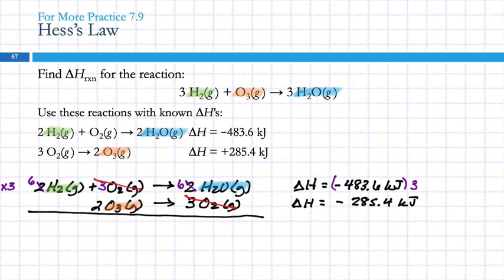So let's just add this up and then worry about the coefficients. So 6H2 gas, the O2 canceled out, 2O3 gas, I'm going to end up with 6H2O gas.